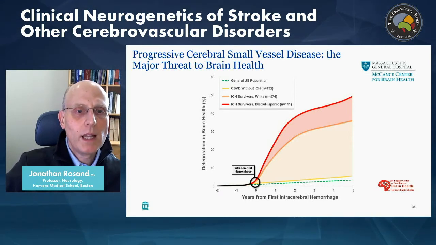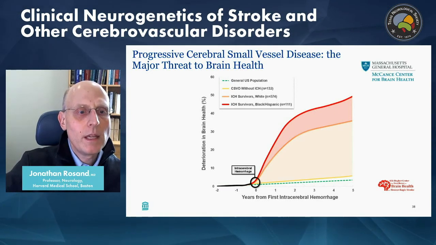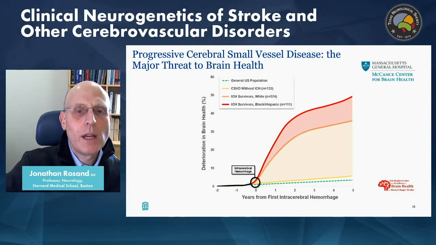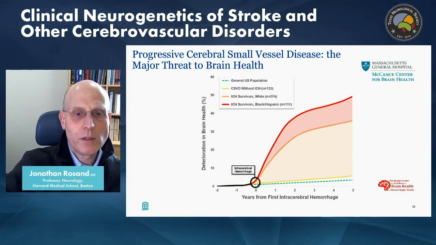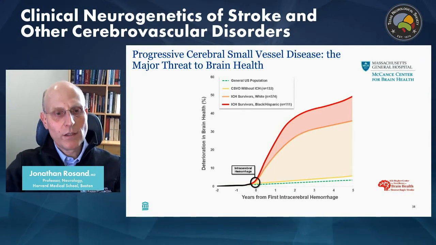The red line represents Black and Hispanic survivors from our cohort. The y-axis represents deterioration in brain health, measured as cognitive decline, dementia, or recurrent stroke. You can see that for Black and Hispanic survivors, by 5 years, roughly half have developed substantial deterioration in their brain health.